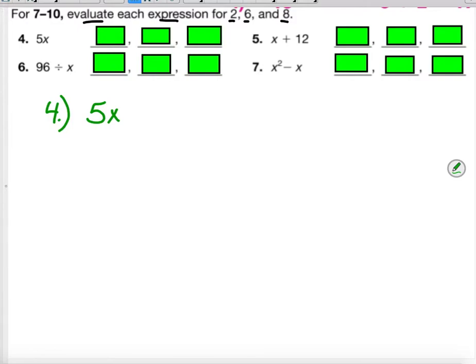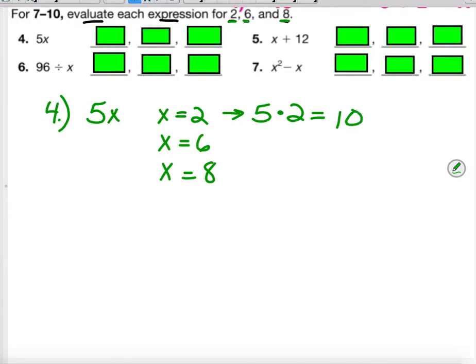And what we see up here is we have 2, 6, and 8, which will all represent a value of x. So you're going to do 5 times x when x is the value of 2, 5 times x when x is the value of 6, and 5 times x when x is the value of 8. You can, of course, do these in your head because 5 times 2 equals 10.